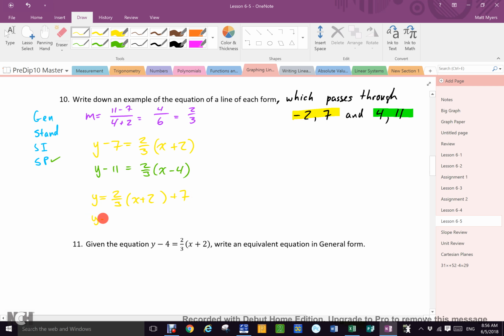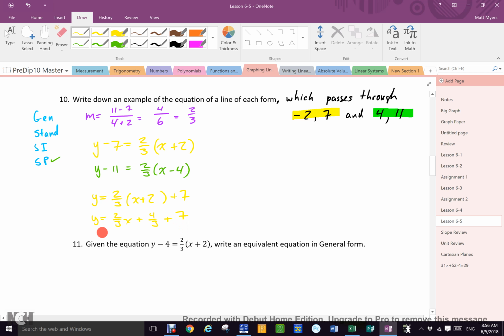Which would be y equals 2/3 x plus 4/3 plus 7, correct? Now, what is 4/3 really? Because you would never leave 4/3 in Mrs. Bad Grumble's class. 1 and 1/3. What is 1 plus 7? 8, and then another third.